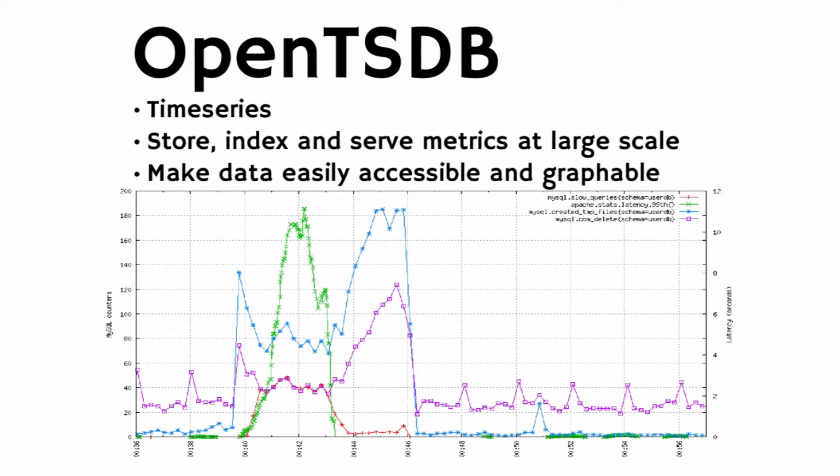Quick few notes on the HBase ecosystem. OpenTSDB is a killer app that runs on HBase. It's great for recording all the metrics that you have in your data center from switches, machines, applications.